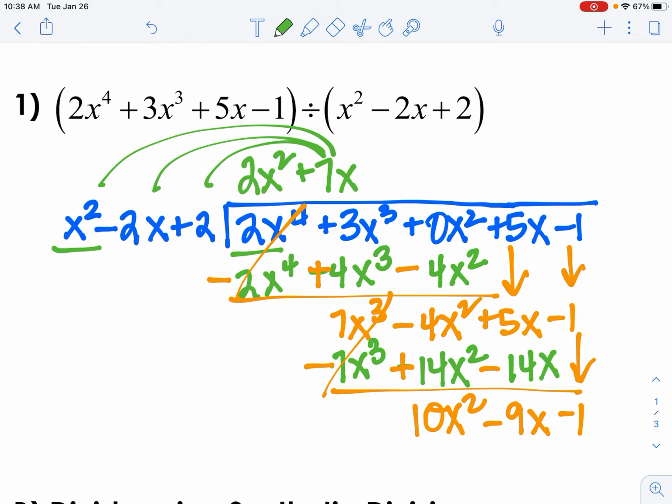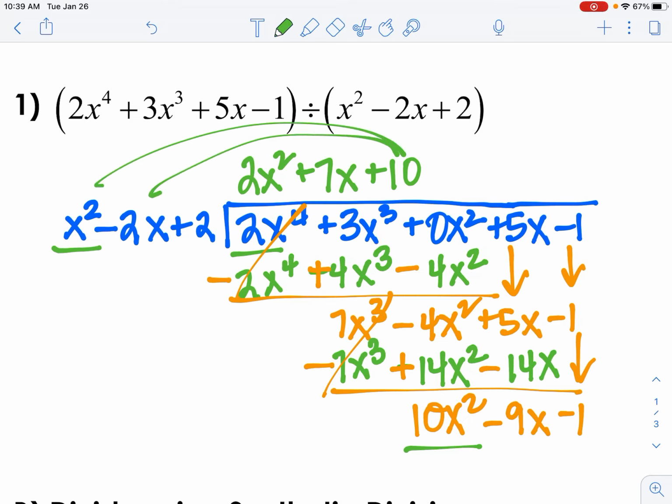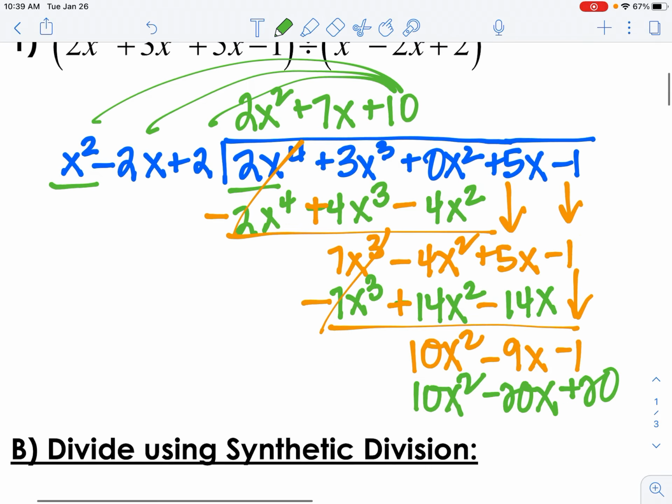And we do it one last time. To get 10x squared from x squared, we have positive 10. So then we multiply. 10 times x squared will be, oops, I'm sorry guys, 10x squared. 10 times negative 2x is negative 20x, and 10 times 2 is 20.